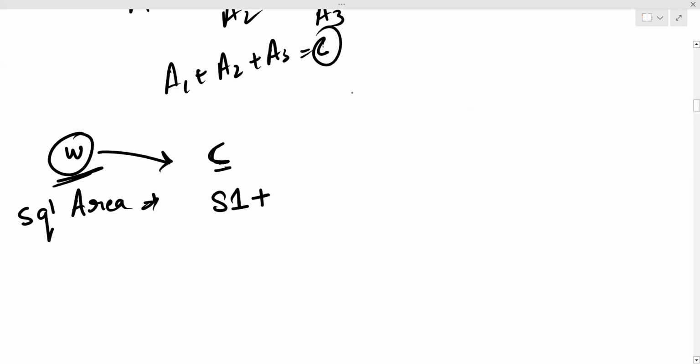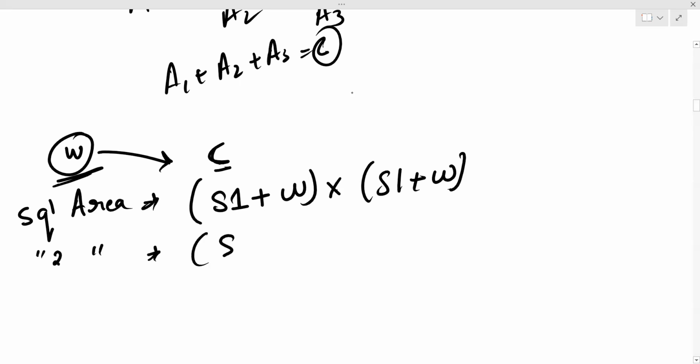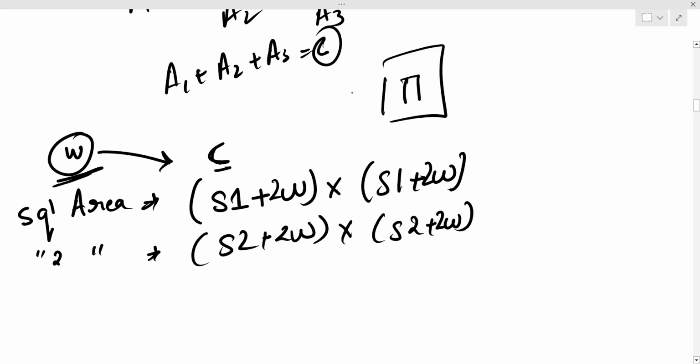S1 plus W into S1 plus W. Similarly, for square 2, the area is going to be S2 plus W into S2 plus W. Here it will be 2 times W. Why 2 times? Because if this is your S1, both of these sides will get W added, right? So it's twice W. So these are the areas. And finally, if you add this for all of the n squares, this is nothing but your value C.